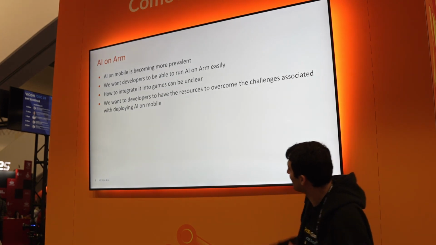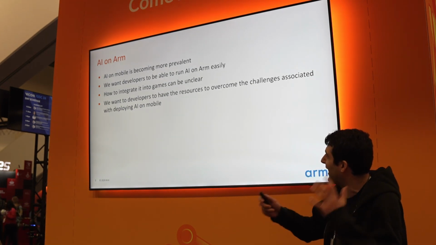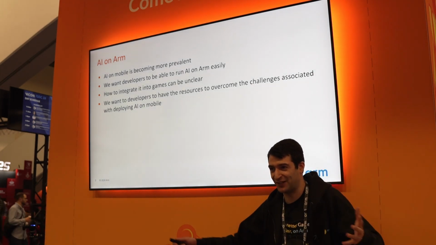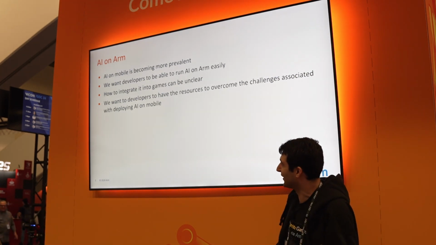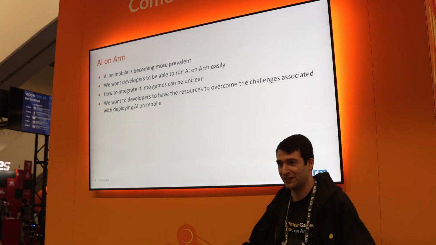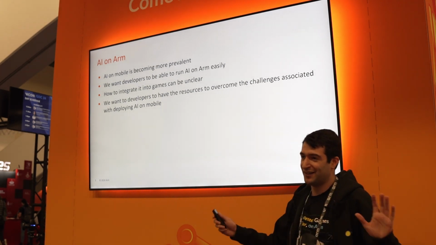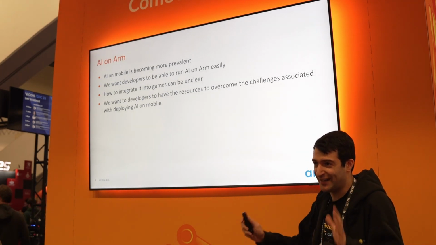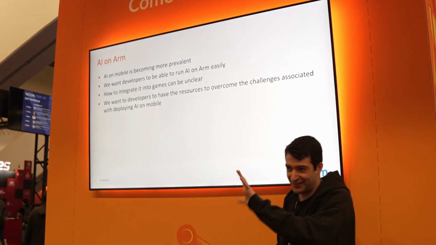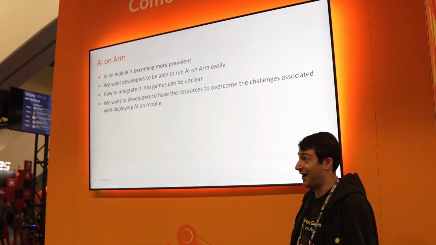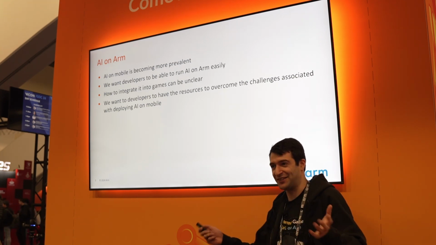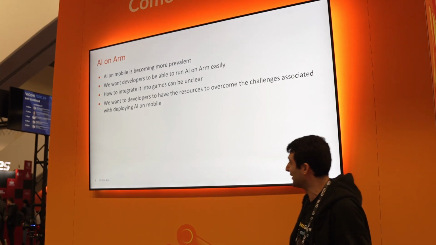So, as I said, it's becoming more prevalent, and this talk is about getting you to be able to use all these AI models easily and integrate them, because there are a lot of different resources that you may come across, people saying use this, and it becomes very unclear. So, we at ARM, we do a lot of these things, and we encounter these problems all the time.